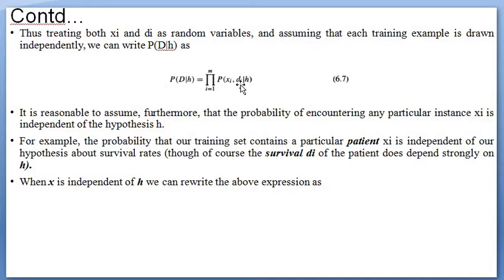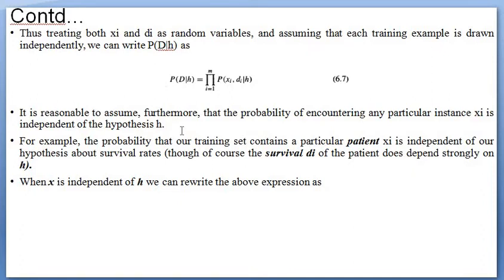I can write it in terms of di given h, because for each of the attribute values associated with 0 or 1 we have a certain hypothesis. If it is 1, we will consider that hypothesis, and that hypothesis is very good. If it is 0, we will not consider such cases, because our target is always 1.